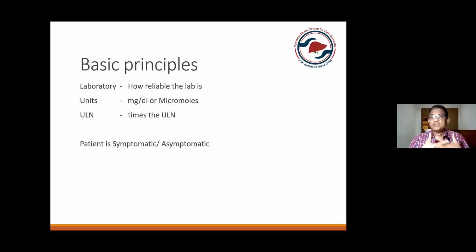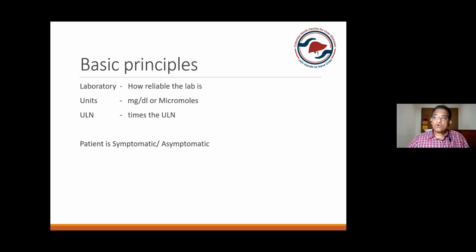Then units: you have to be very careful with the units, whether they are in milligram percent or in micromoles, before taking clinical decisions, because errors due to various units are commonly seen.